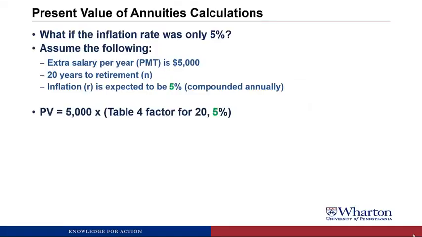So we have our formula, present value equals 5,000 times that factor, which is 12.4622, which means the present value would be $62,311. So what's happened is the present value of the 5,000 now is higher than it was before. What's happened is the inflation rate is now lower, so that 5,000 that you're getting in the future is worth more than when inflation was 15%, right?